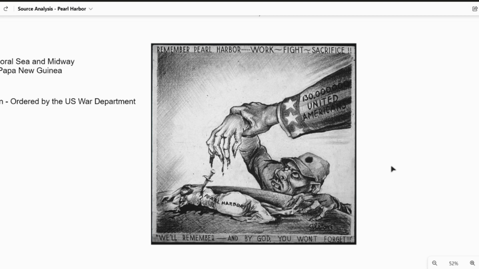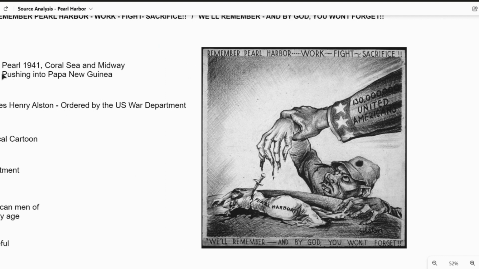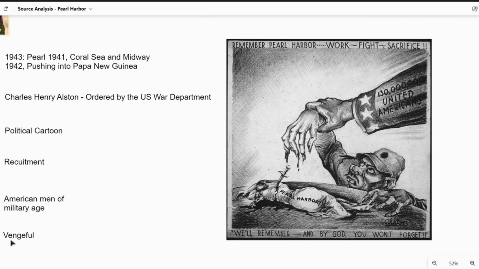And I'm not saying that every single potential soldier that would have walked past this poster or would have seen it in a newspaper or a newsreel would have picked up on all of these things. But because there is so much going on, it's enough for people who had not already signed up or who had not already been drafted to reflect and think, I need to do something about this.